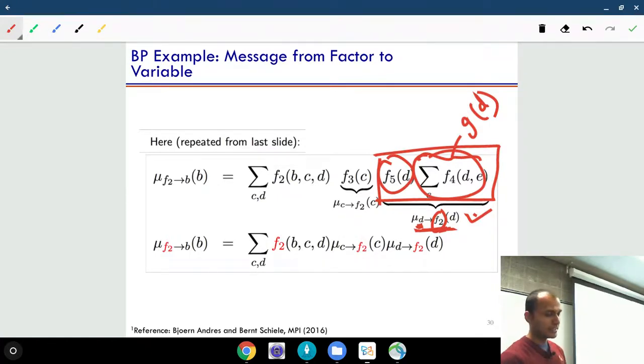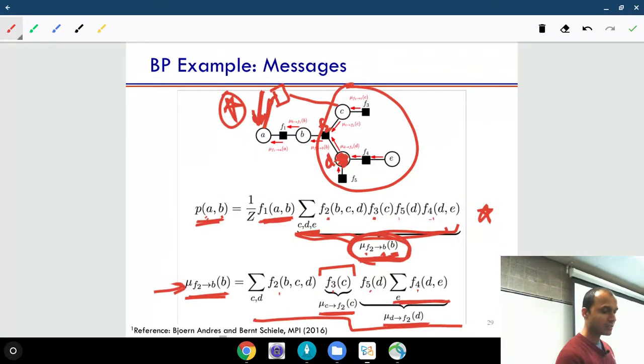A message being passed from D to F2 will have an argument which is the node itself, which will be D values itself. Note that this message is different from the message that you saw previously.